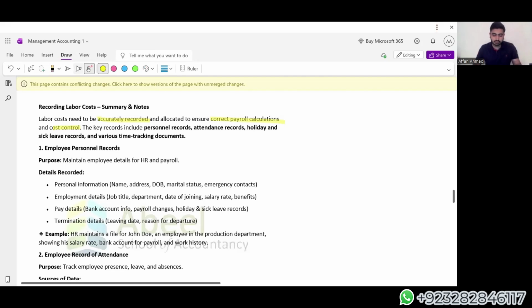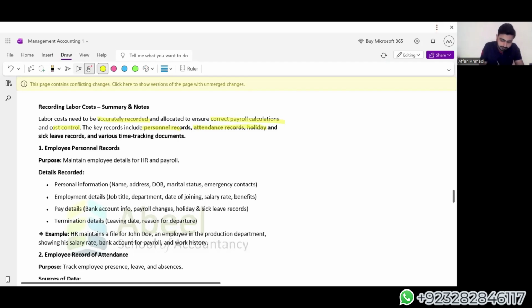Yes, we would. Now, the key records include personal records of the employee, such as their hiring, their date of joining, their personal records, their place of residence, etc. Then attendance records, the days they were present on the organization's work schedule, that they were marked present or absent, so that we can calculate the number of days they have been working in the organization or the days in the month they were present and pay them accordingly.